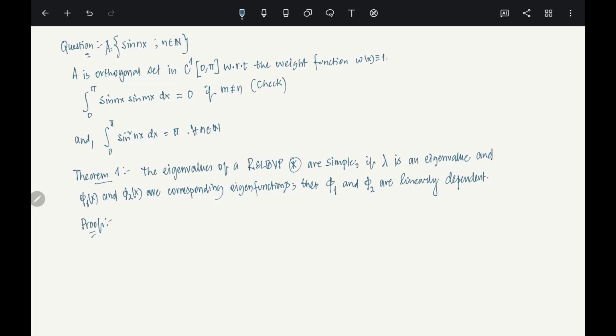Now you see that phi1 and phi2 are both solutions of star with lambda.